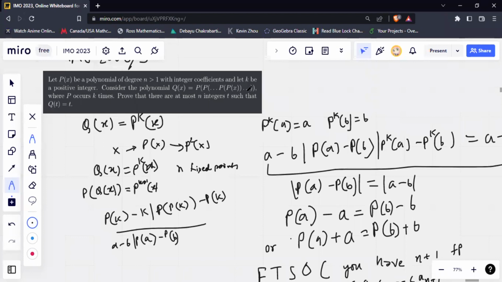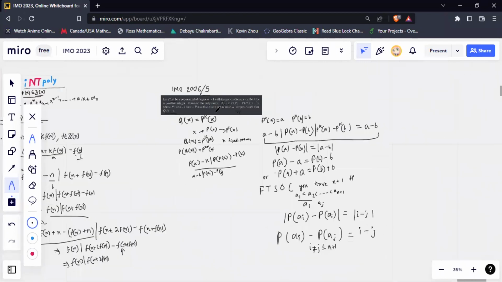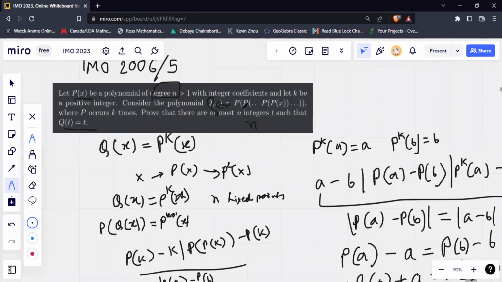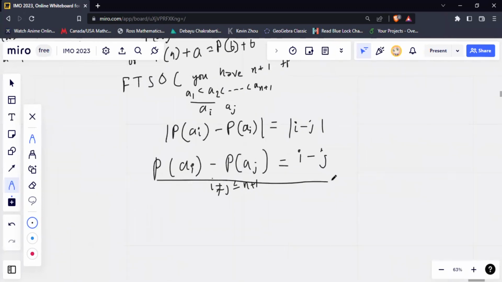It's weird that more than n things satisfy this, because the degree of p is fixed, and q depends on p. So something has to go wrong, and that's why we have to prove that we have at most n. A lot of these identities together should give us some contradiction.